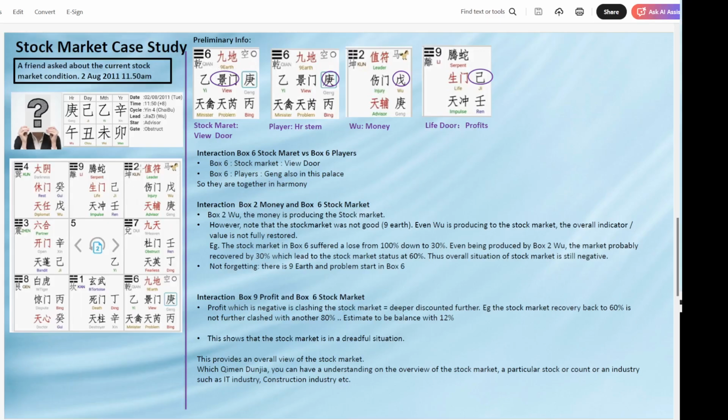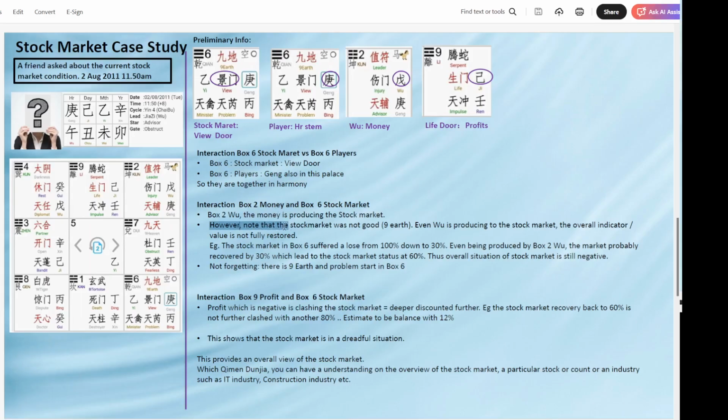So this is the Wu, and this is the stock market, which is Qian. Earth is actually producing Qian, correct? The Wu is producing to the stock market itself.